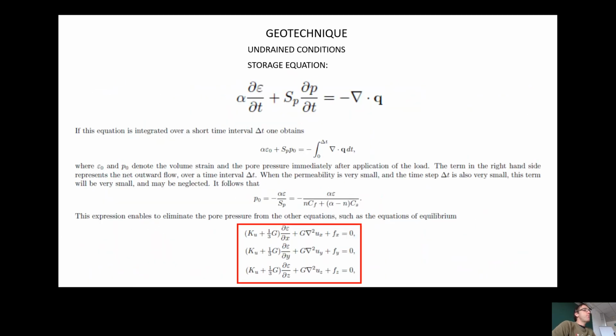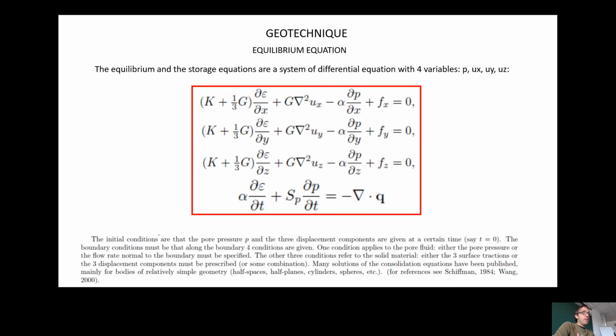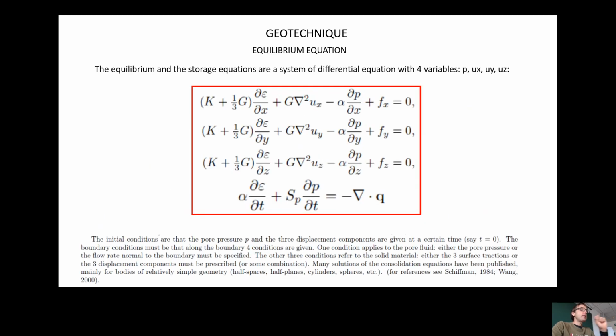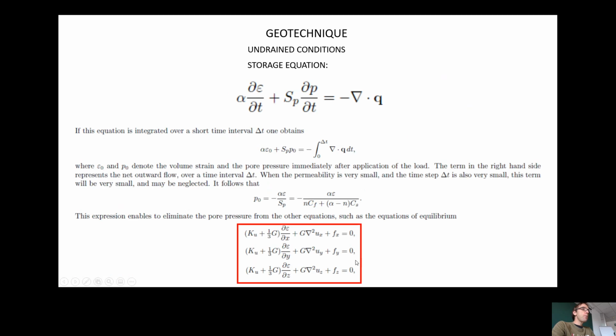Exactly. So at this point, this expression enables us to eliminate the pore pressure from the other equation, such as the equation of equilibrium. We can rewrite these inside this, and you can see that this part is neglected.